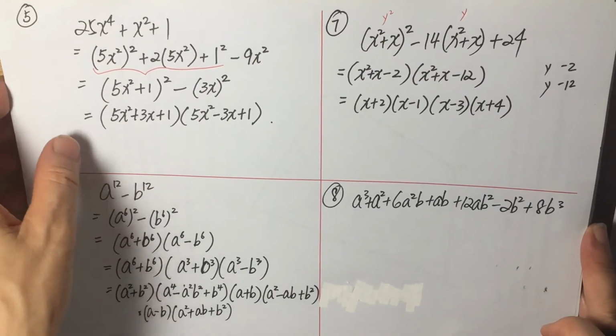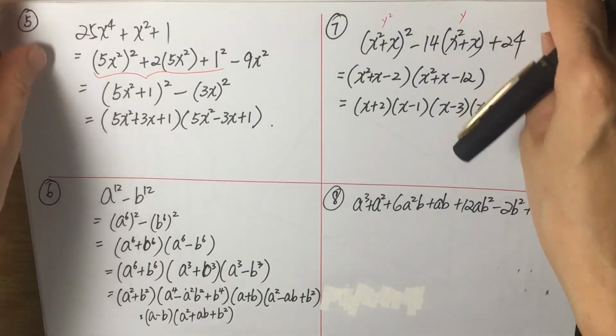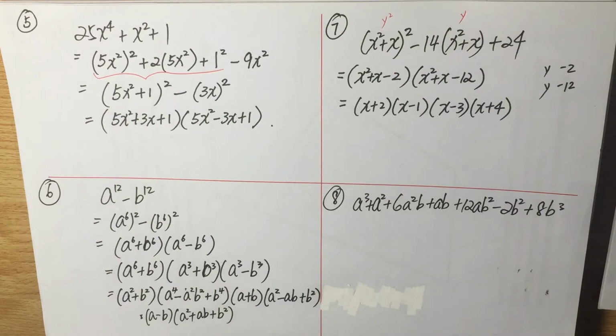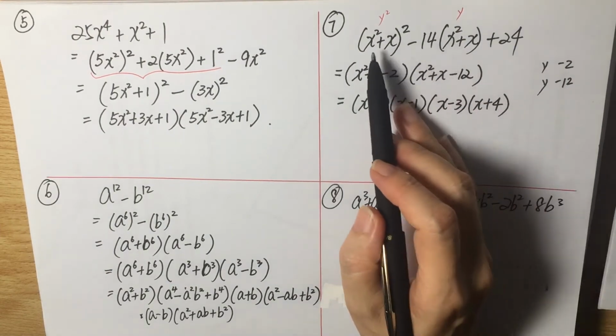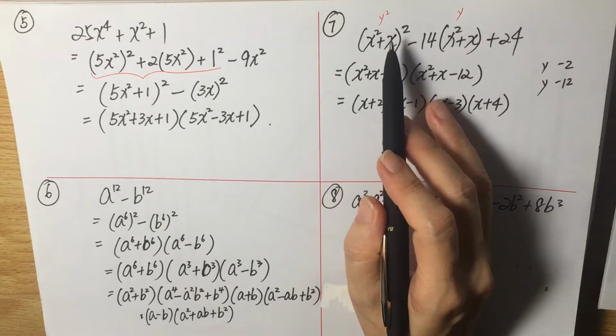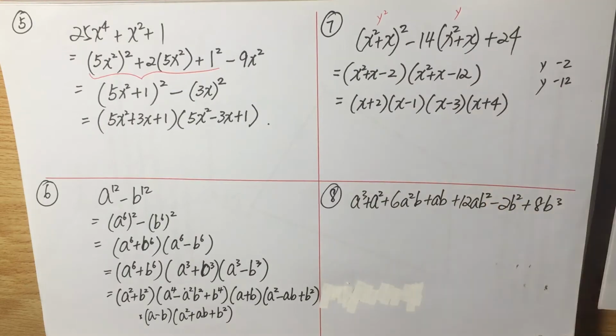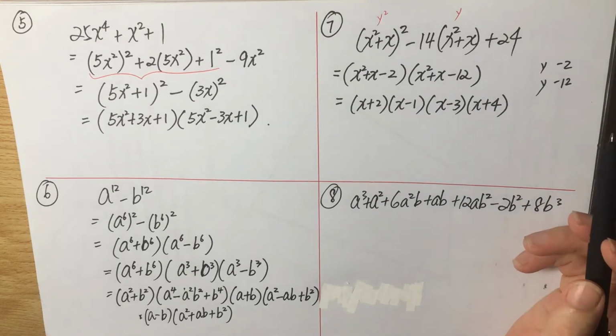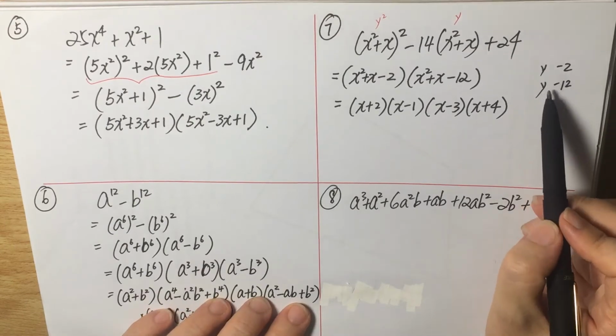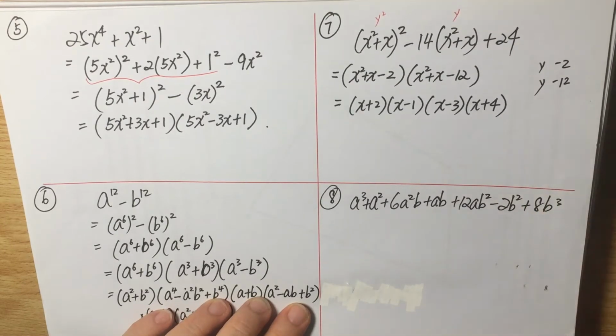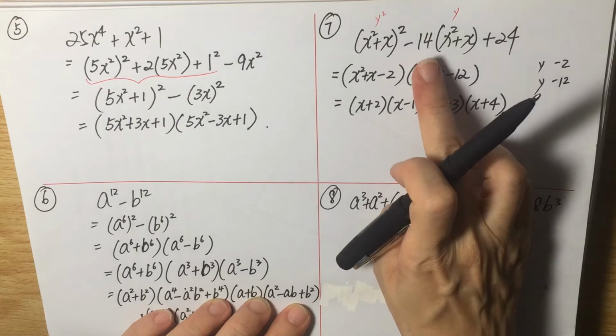Okay, question 7. Question 7, you actually can use y to replace your x squared plus x. So this is like y squared minus 14y plus 24. So a very easy quadratic. So we factorize it to be y and negative 2, negative 12, so together is negative 14.